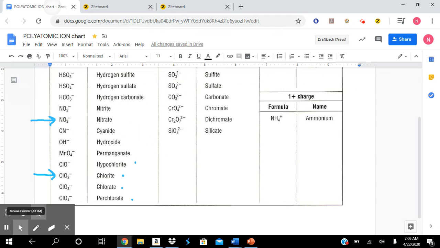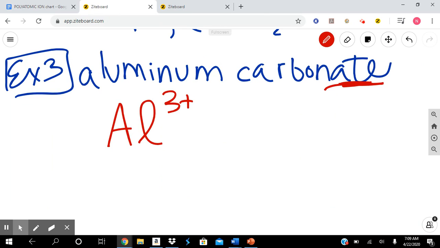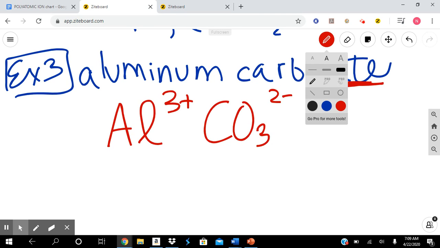Carbonate, I'm going to look at my chart, and carbonate is right here, CO3, 2 minus. Now what you notice with this is, one, they don't cancel, but there aren't any 1s. So I have to do a double crisscross.